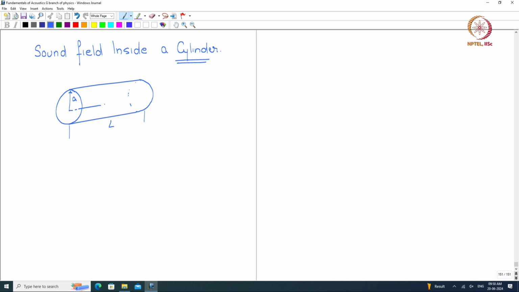So, we will take this to be the Z axis, and this to be of course R, and this to be theta.